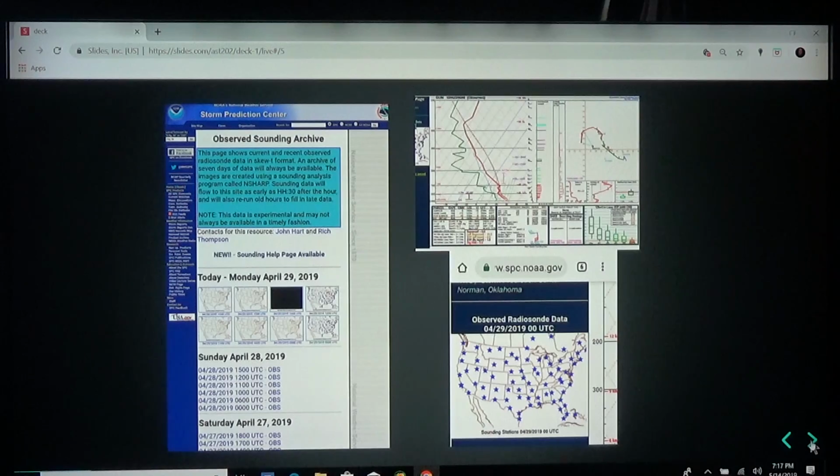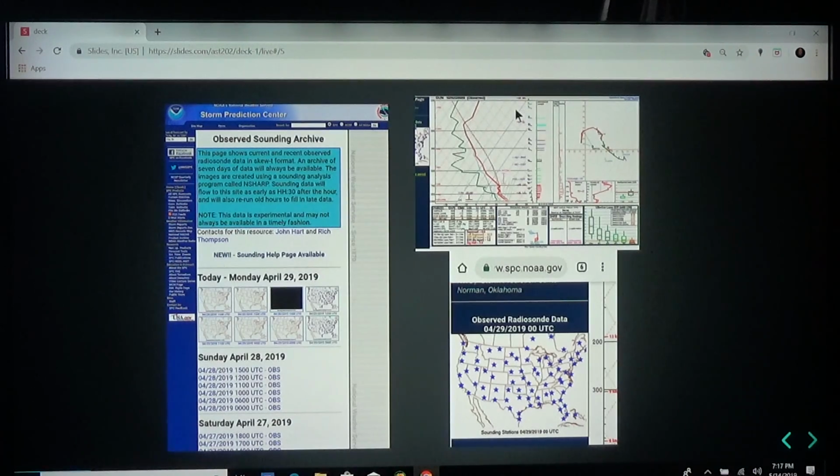Alright, this is the observed sounding page for the SPC, which is the Storm Prediction Center. These are called observed soundings. Remember that, there is a difference. This is an observed sounding, and the ones that we look at are called forecast soundings, which are done by the computer. Here you see the dates with all the information where they took soundings.